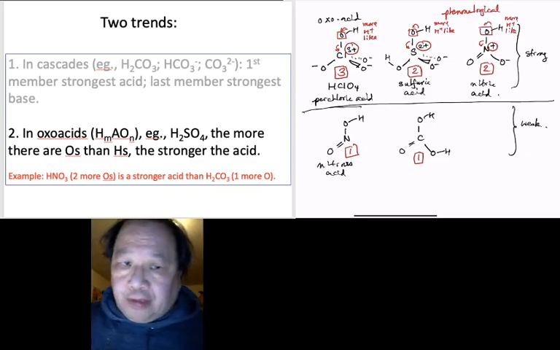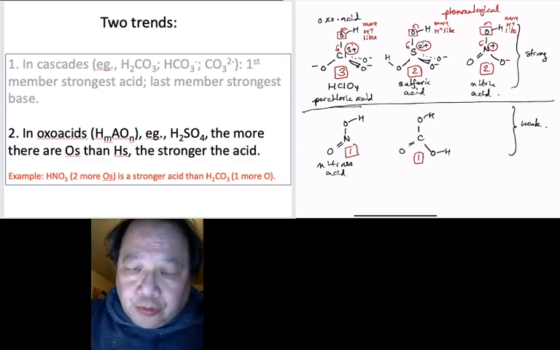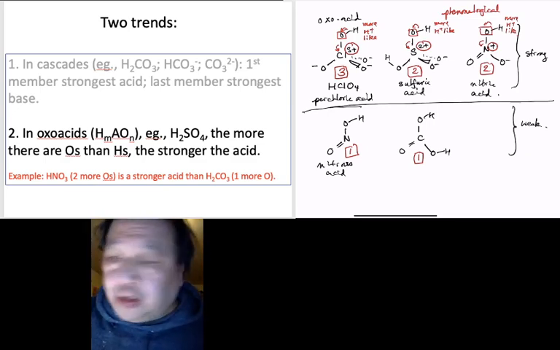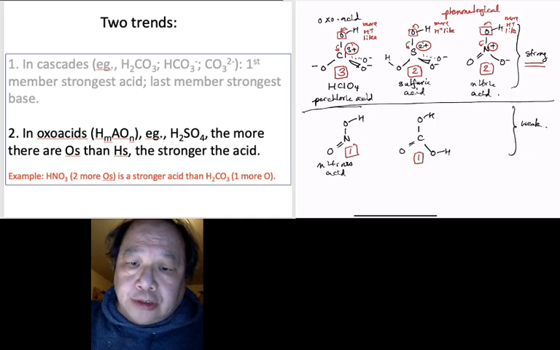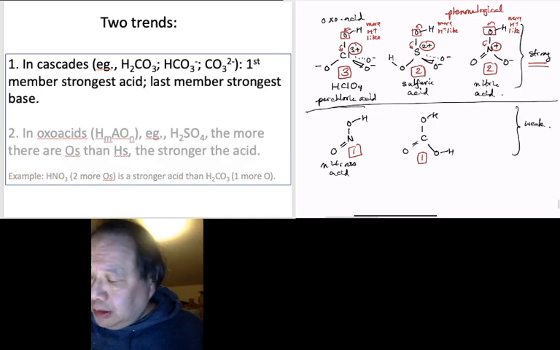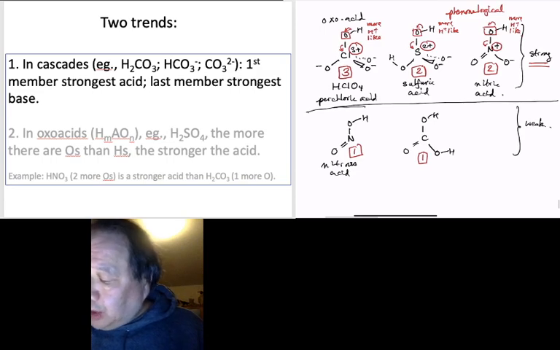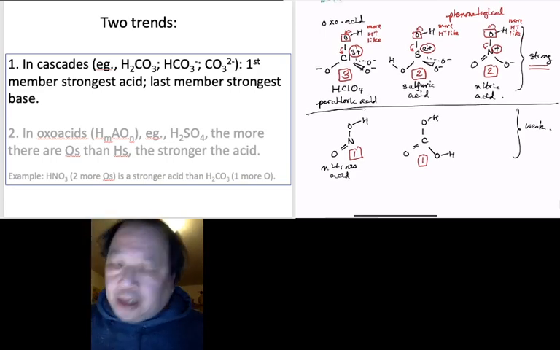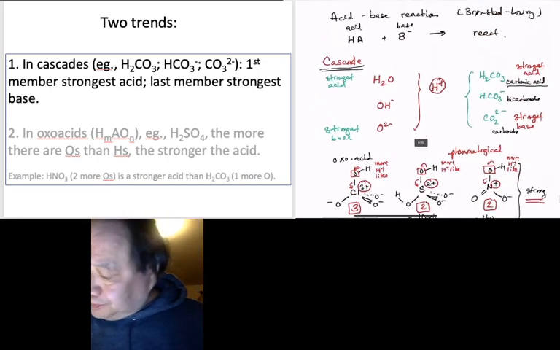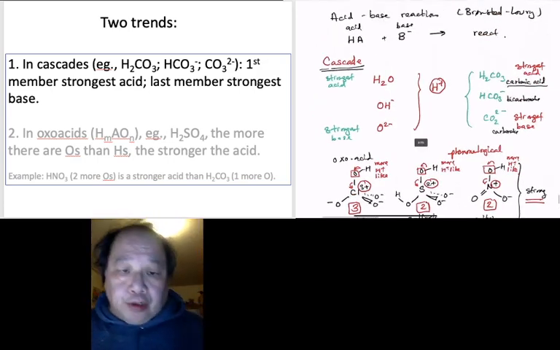And so we have then 2 trends. Let's go through it. In the oxoacids, perchloric acid, sulfuric acid, and nitric acid are stronger acids. And then in the cascades, the more H pluses we remove, the more there's a minus charge.